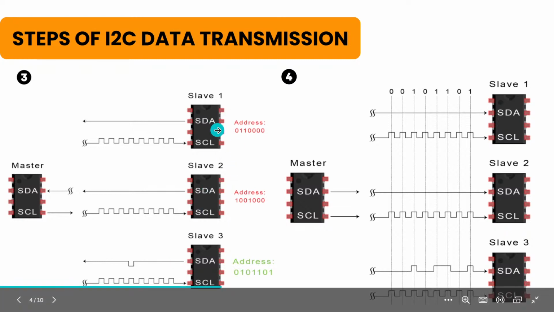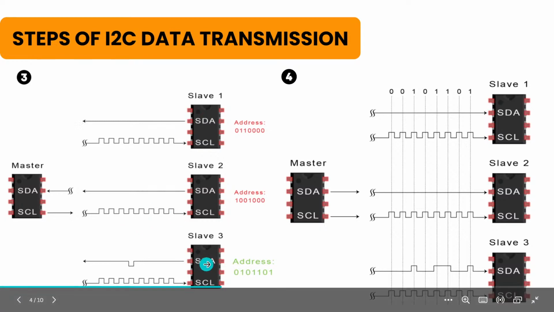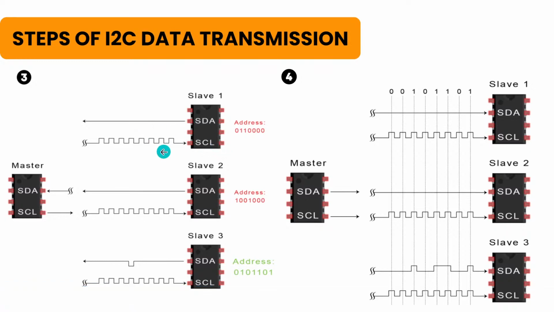These two addresses don't match, so the data line still remains high. This one matched with the master's address, so it sends a low signal for 1 bit. If the address from the master does not match the slave's own address, the slave leaves the data line high like this. So the next step is, now the master sends or receives the data frame.